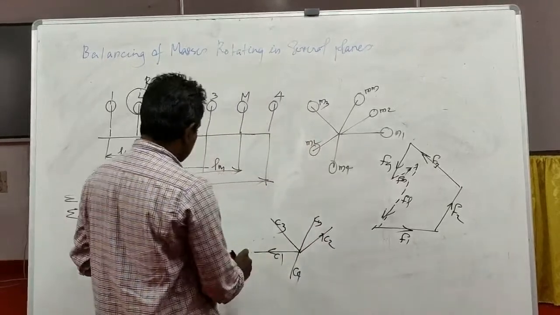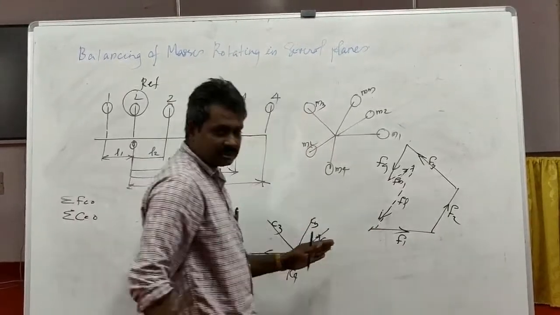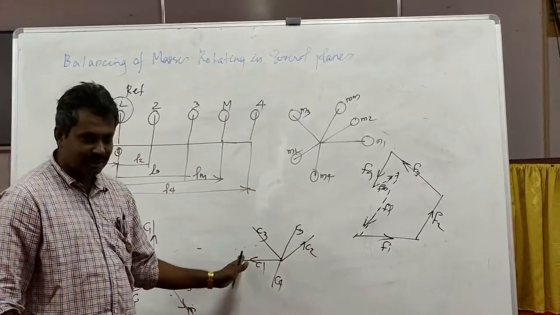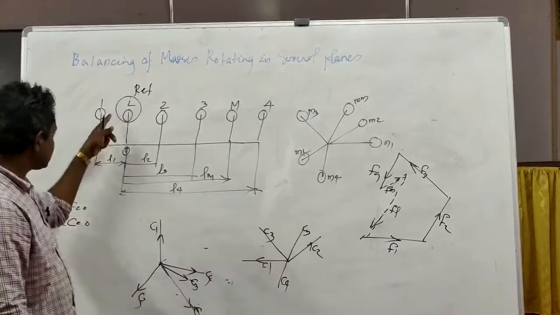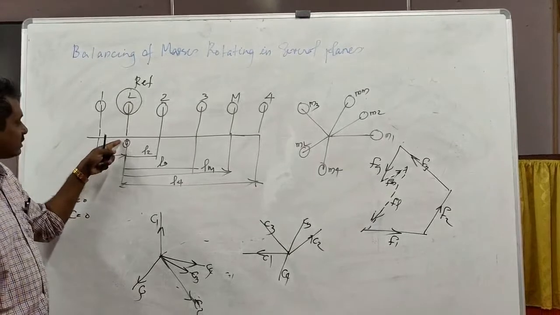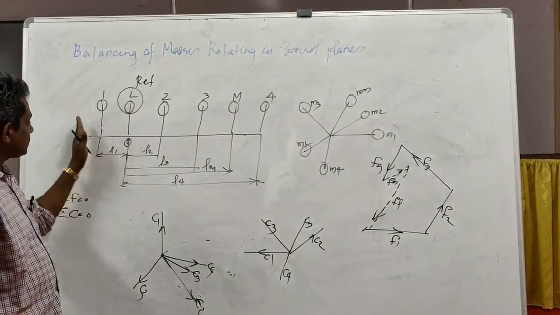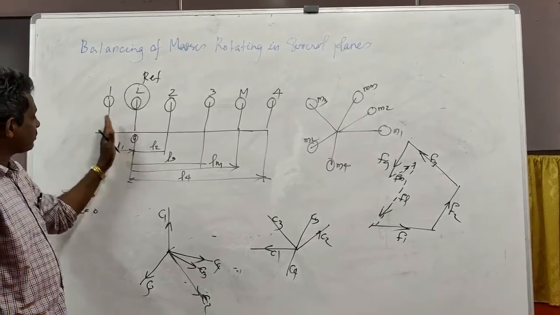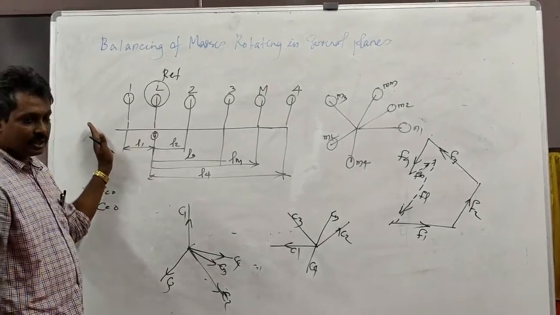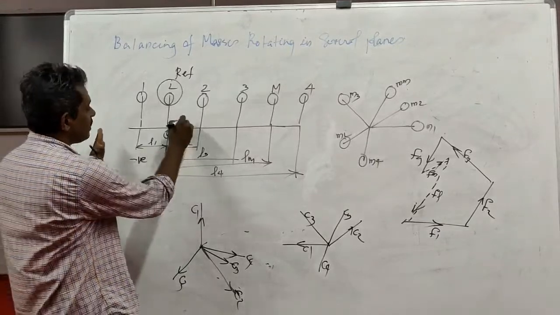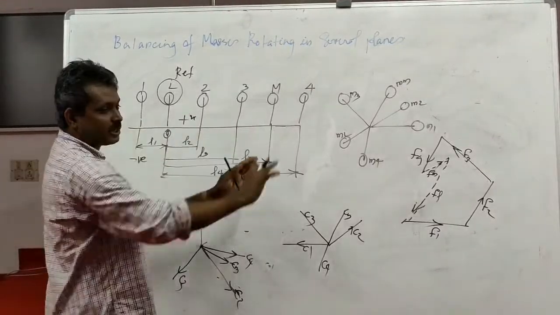The force direction F1 is in this direction. You may think that C1 should have come like this, but why not? Because we have defined the reference at this point. So this couple is to the left, so the radius vector to the left will be taken as negative, and to the right the radius vector is positive.